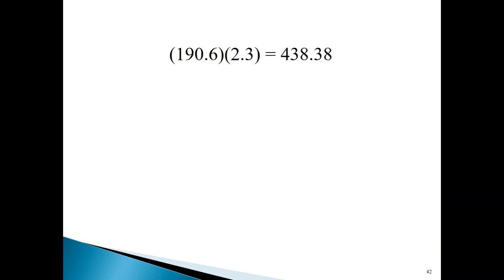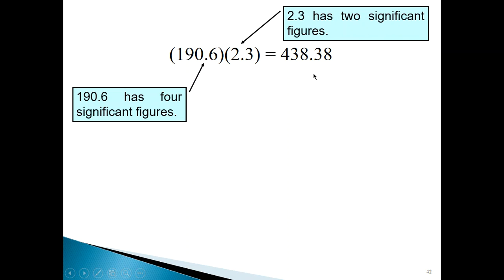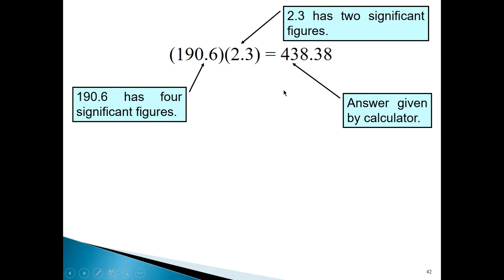So to illustrate this, let's look at this example. We're multiplying these two numbers. We're assuming that these numbers are measured values: 190.6 times 2.3. Now, if you punch these numbers into your calculator and multiply them, this is what will come out on your calculator display. All right. Now, the question becomes, to what extent do we round off this final answer?